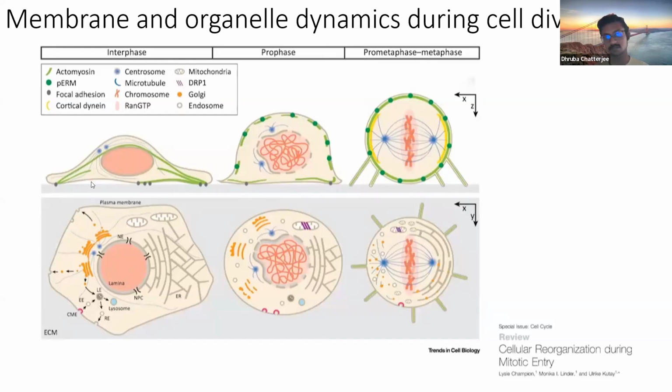And in many cases, there is considerable coordination and crosstalk between these events: mechanical cues, changes in cellular shape and adhesion, as well as reorganization of the endomembrane components and the nucleus.